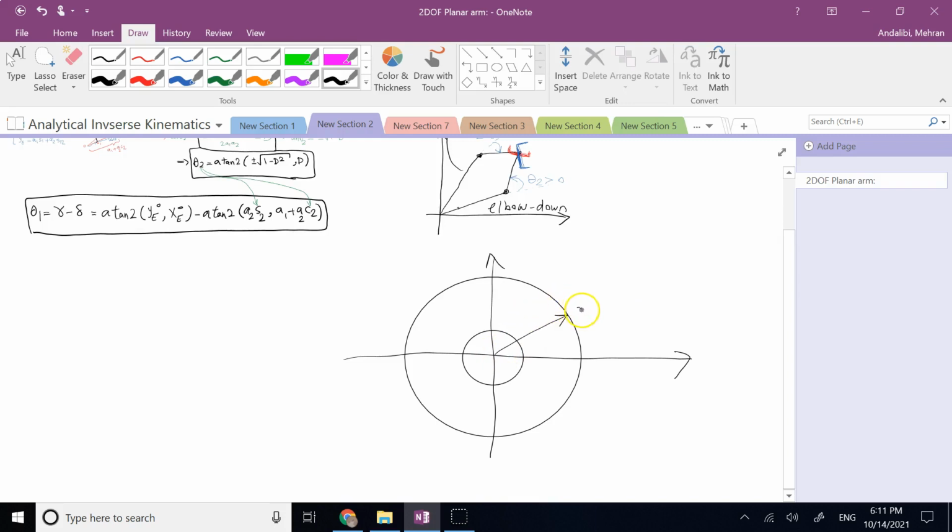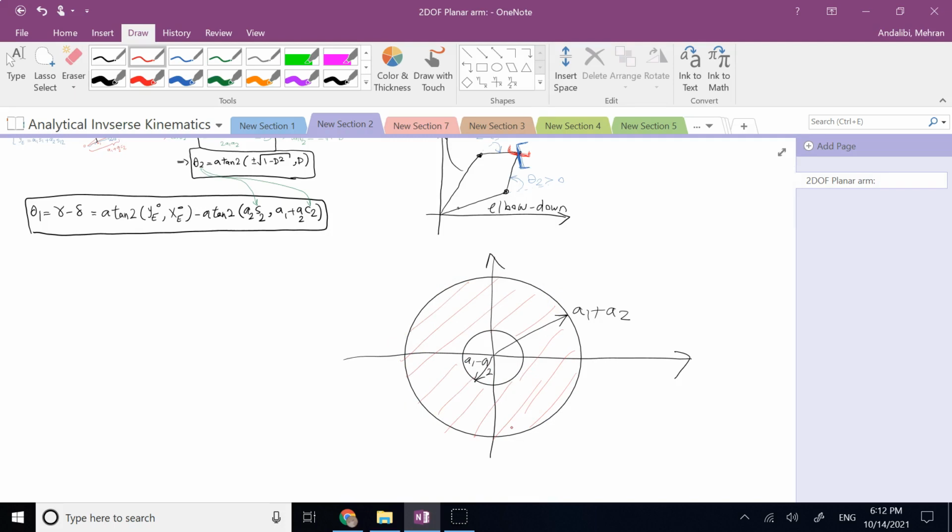Let me show you the outside. And the radius for the smaller one is A1 minus A2. So this area here that I'm using the hatching lines for, this is going to be your workspace, assuming that A1 is bigger than A2.